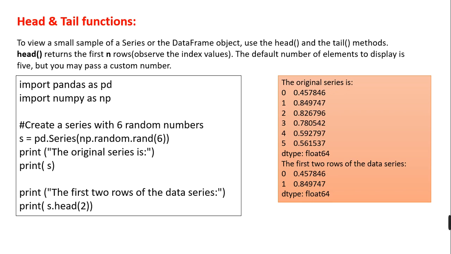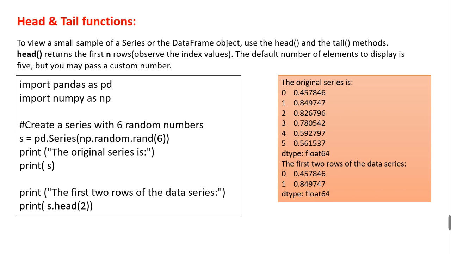We are going to create a series from random numbers. We will import numpy as np and import pandas as pd. Let's create a series with 6 random numbers. The statement is s = pd.Series(np.random.rand(6)).